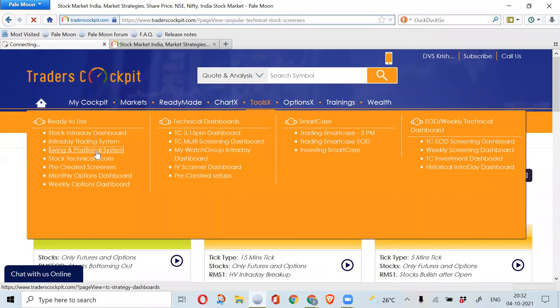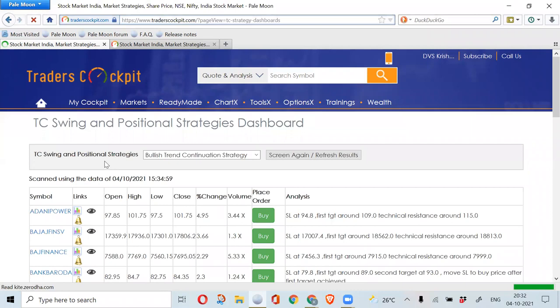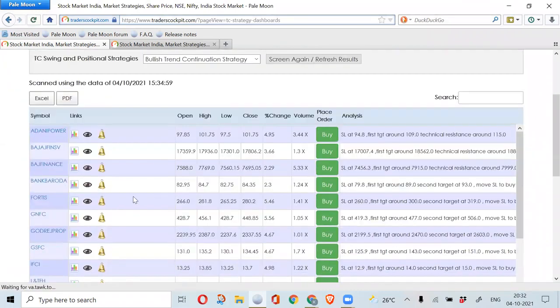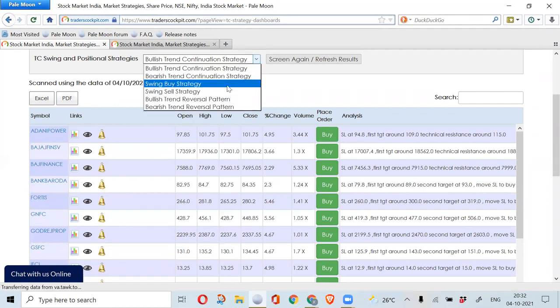If you click on this, the software will give you the ready-made analysis and actionable signals according to the swing and positional tradings. So here we have 6 different strategies, out of which 4 are more important. So keep concentration.